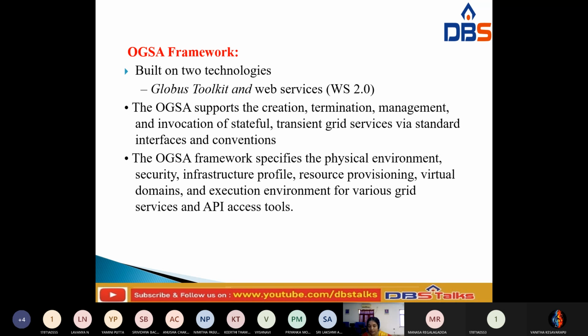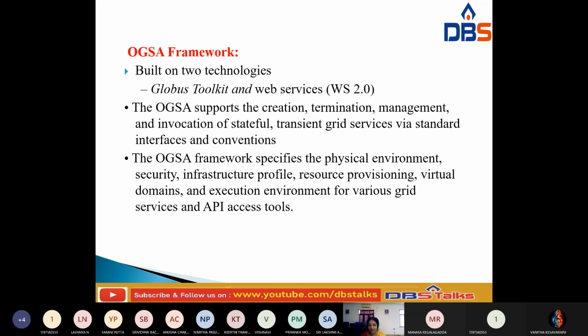It is mainly used for scientific and technical computing purposes. That is called the Globus Toolkit. Another software technology is Web Services 2.0. This is mainly utilized for business and network applications.